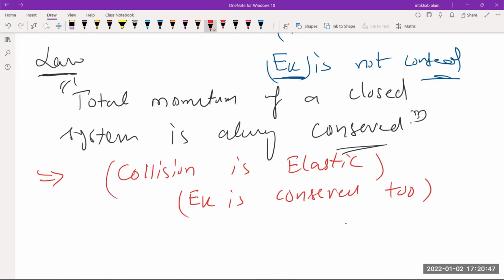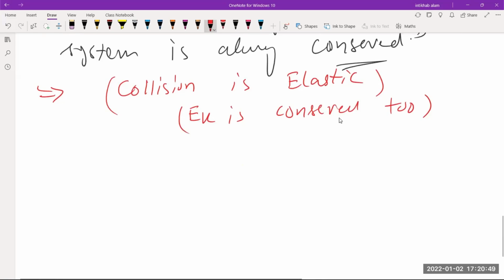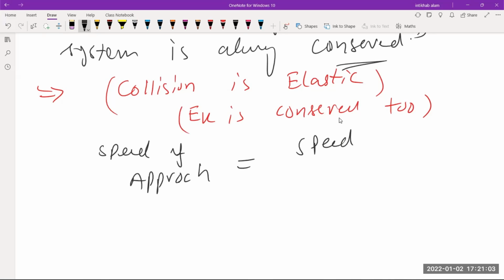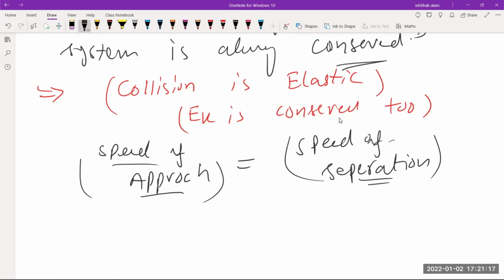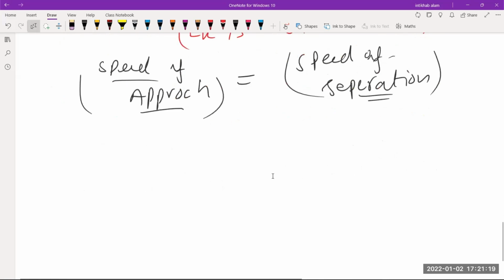But there is one more thing which confirms this, that is the speed of approach is also equal to speed of separation. These are the two new things for you. What does this mean? Speed of approach, speed of separation.